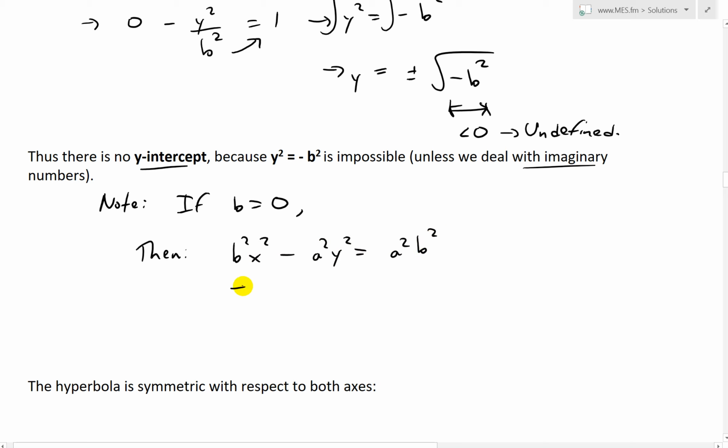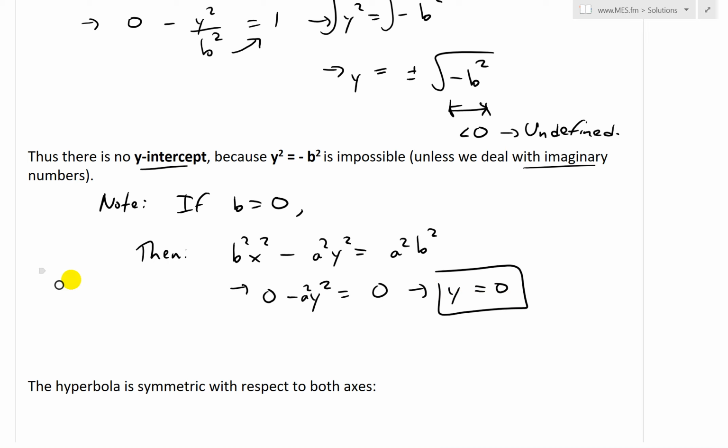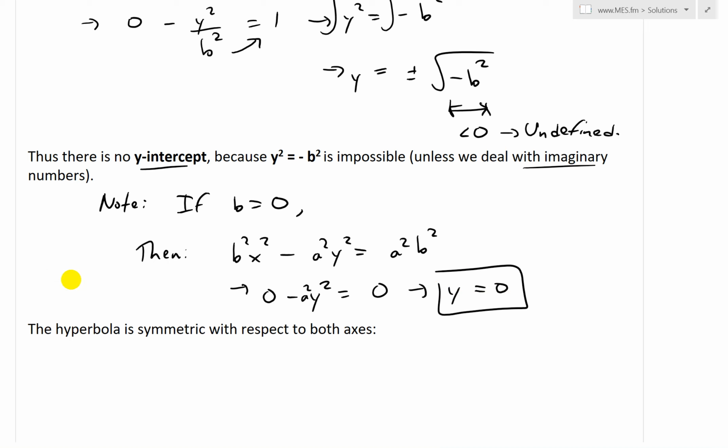So if it's equal to 0, we get 0 minus y squared a squared equals 0. In other words, a y equals 0, which is just nothing. So that's just not going to help us out. So it's not a hyperbola, it's just nothing there.